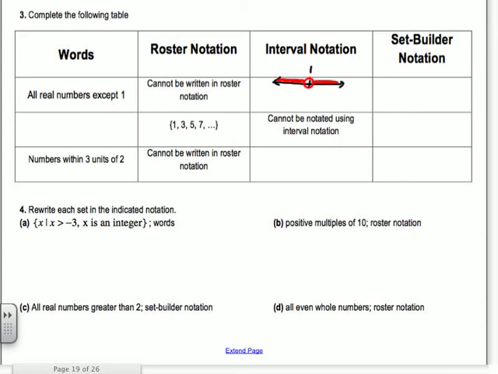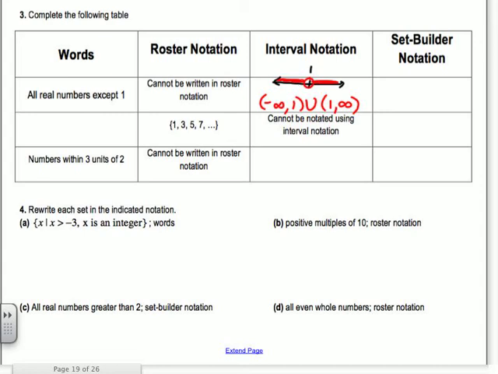There are 2 pieces. What's the left piece? Yep, and then what's the right piece? That's it. So you have 2 pieces: negative infinity to 1 and then 1 to infinity.